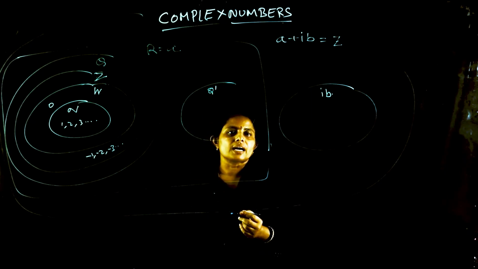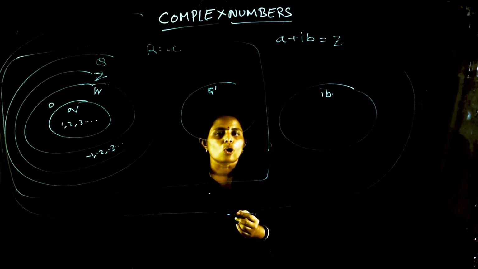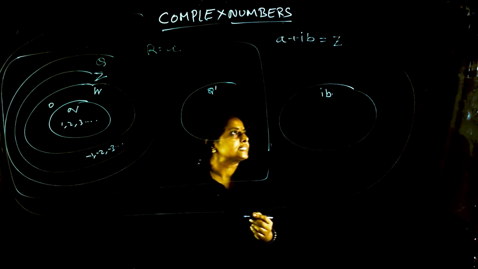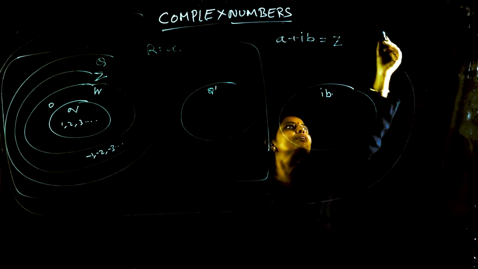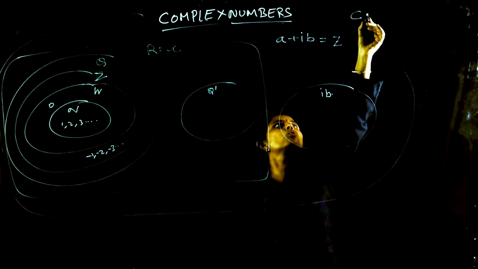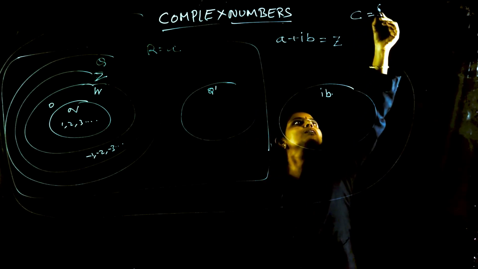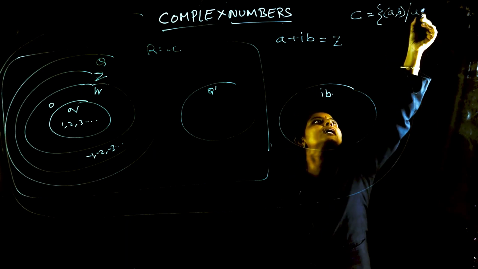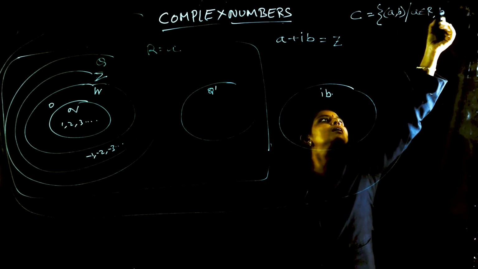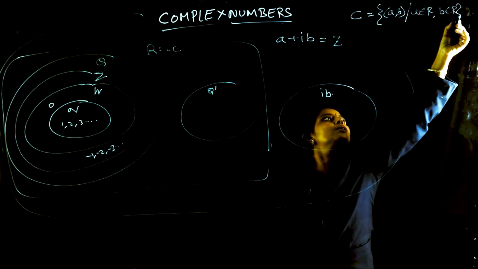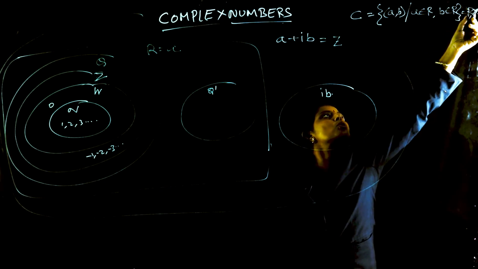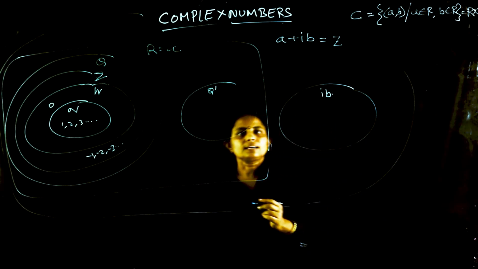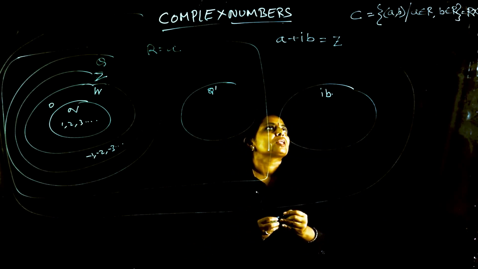Now, let us define a complex number. A complex number is an ordered pair of real numbers. So, C is defined as an ordered pair (a, b), where a is a real number and b is also a real number, which is from the cross product R cross R.